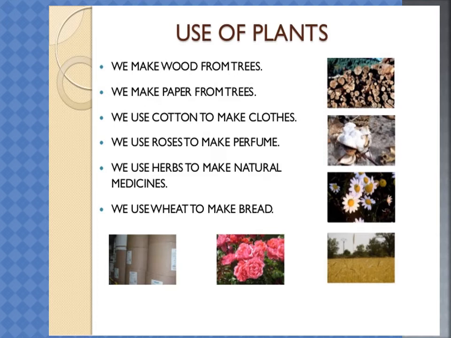Next, plants serve medicinal purposes too. First we studied food, next fiber, next medicinal. There are many medicinal plants. Neem, eucalyptus, turmeric, ginger are used to cure ailments. The Charaka and Ayurvedic system of medicine use plants as sources of medicine.